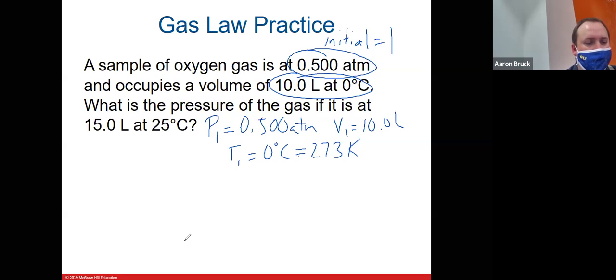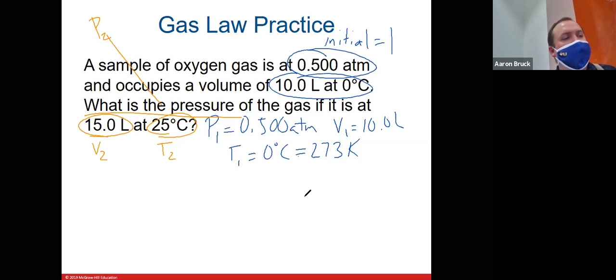Our two conditions, well, this is what is changing. We've gone from 10 liters to 15. That's our V2. We've gone from 0 Celsius to 25. That's our T2. We're asked what is the pressure.